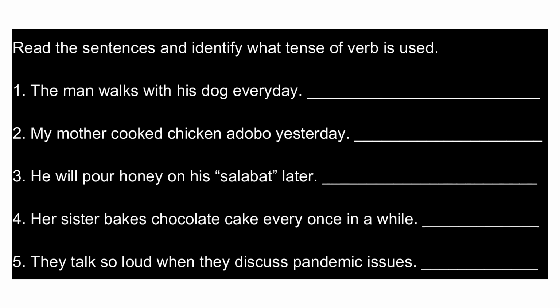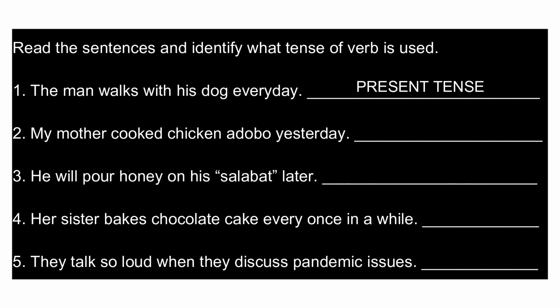First sentence, the man walks with his dog every day. The verb here is walks, and it is in what tense of the verb? Walks is in the present tense. Second sentence, my mother cooked chicken adobo yesterday.